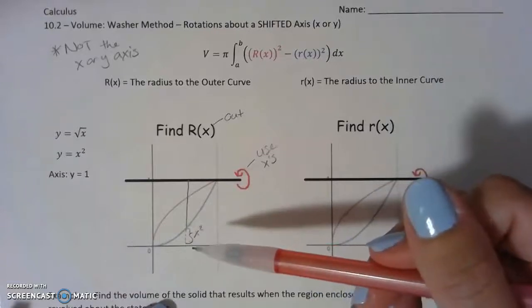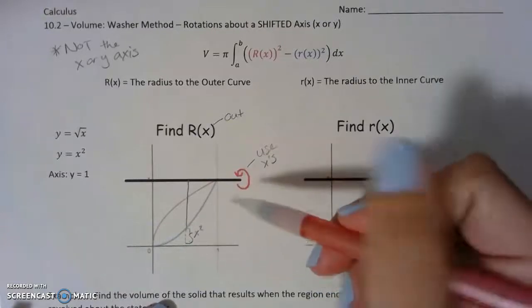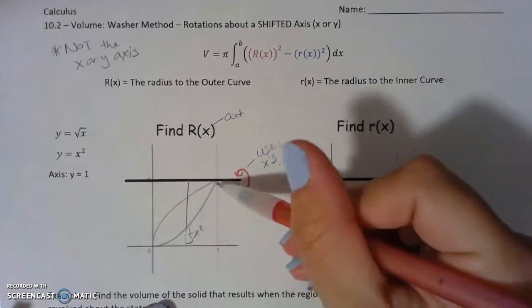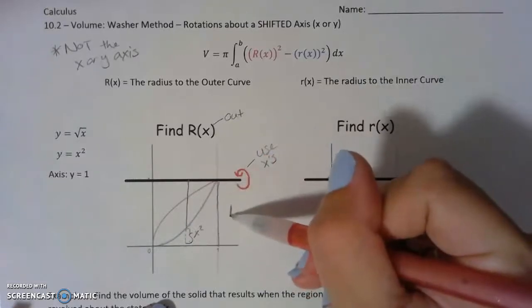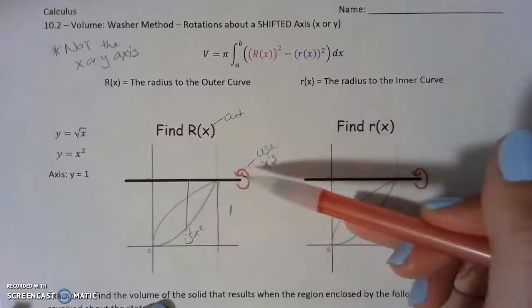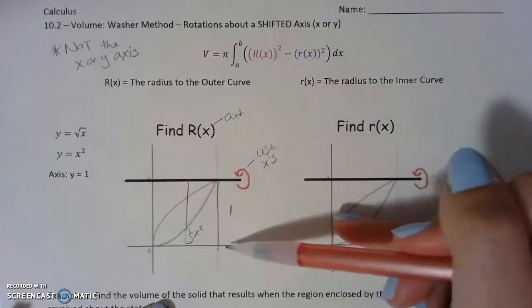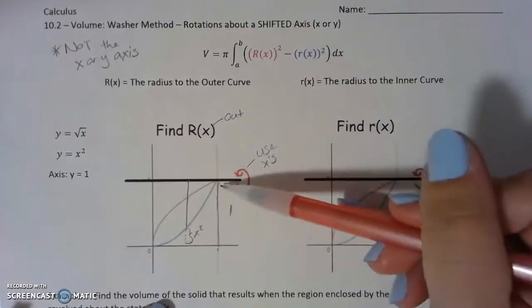How do we do that? It's a lot simpler than you think, because we know that this whole distance from here to here is 1. This is y equals 1, so the distance from 0 to 1 is 1, that vertical distance here.